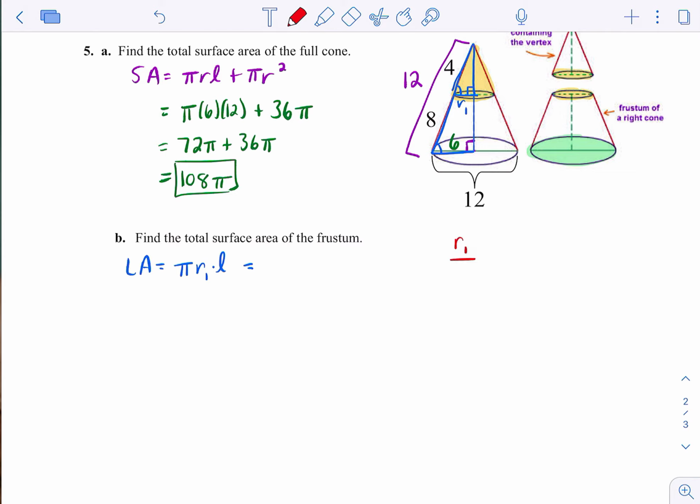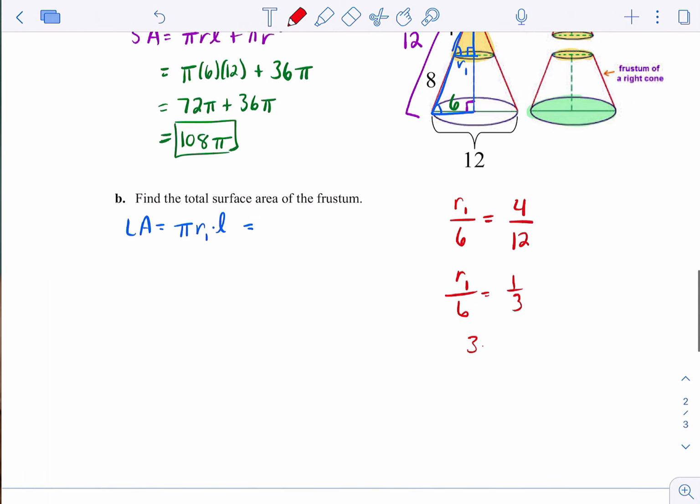The radius of the upper part over that radius of 6 would equal, well, let's see what other corresponding sides we have. We have the hypotenuse. The upper one has a hypotenuse of 4. The entire triangle has a hypotenuse of 12. Let's go ahead and reduce this to make the mental math a little easier. 4/12 becomes 1/3. So it becomes 3 times radius 1 is equal to 6. So that means that radius 1 is 2.